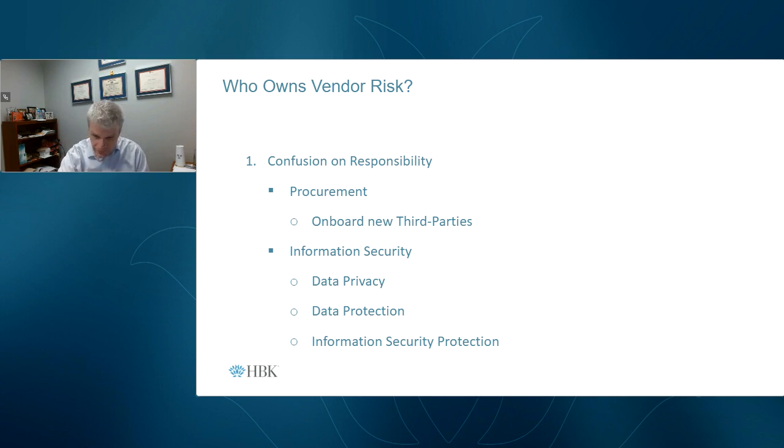So again, you need to get upper management input on your vendor risk. Like a lot of things in our companies, if you try to put something in place and the highest level of management don't adhere to it or don't pay attention to it, everybody down the line is going to see that.